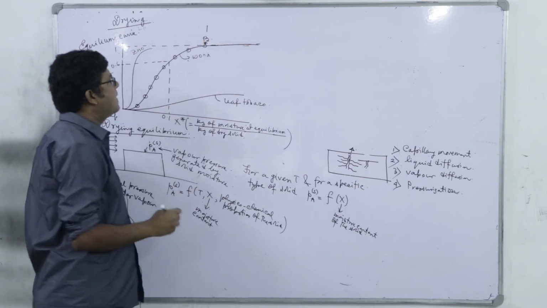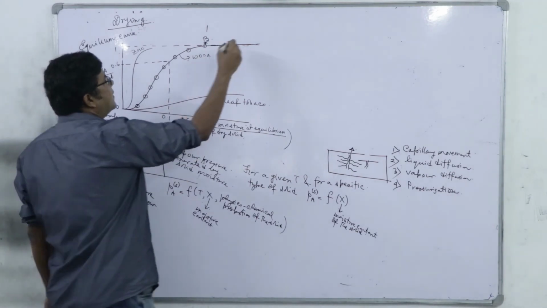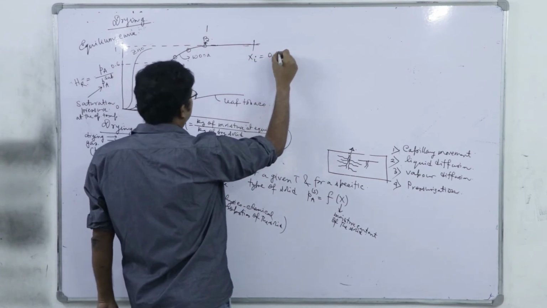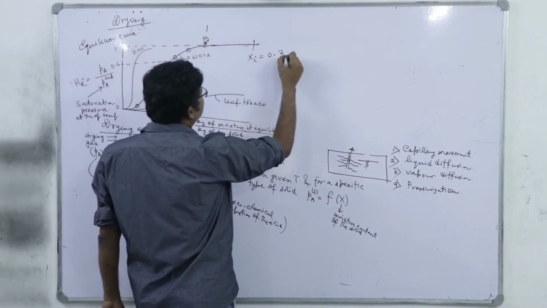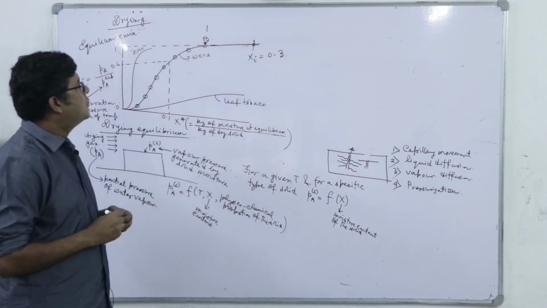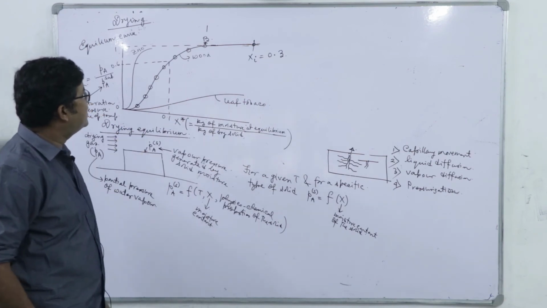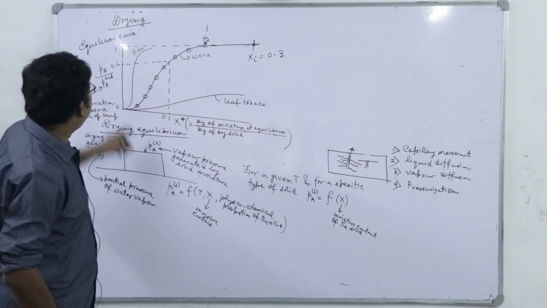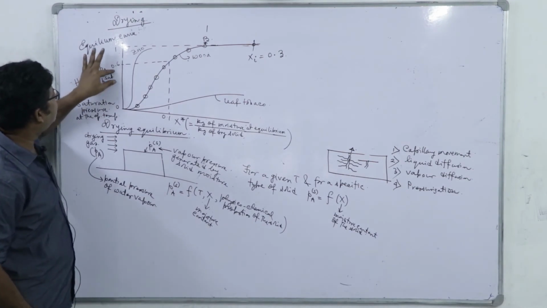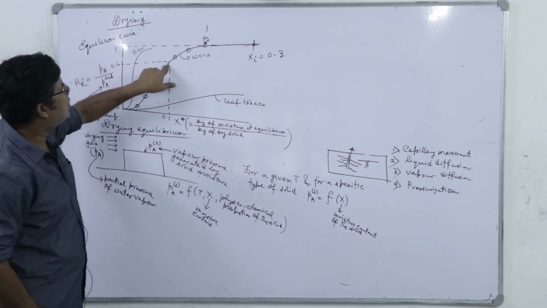You see that we have started with, let us say an experiment, Xi equal to say 0.3, somewhere here. So, at this specific moisture content, if I expose it to an air stream having a relative humidity of 0.6, what will happen?